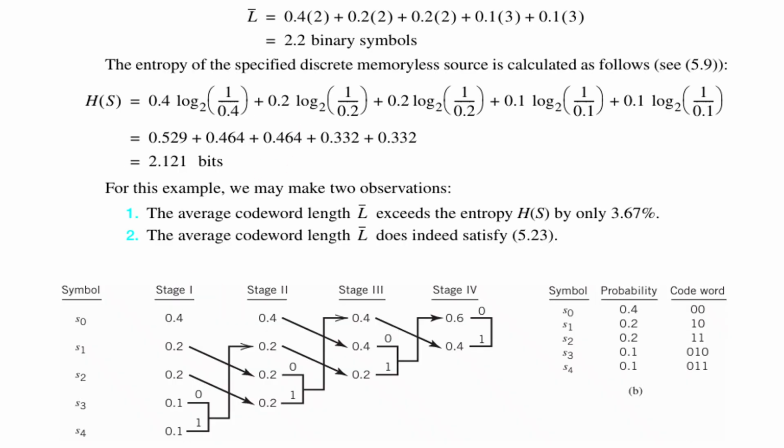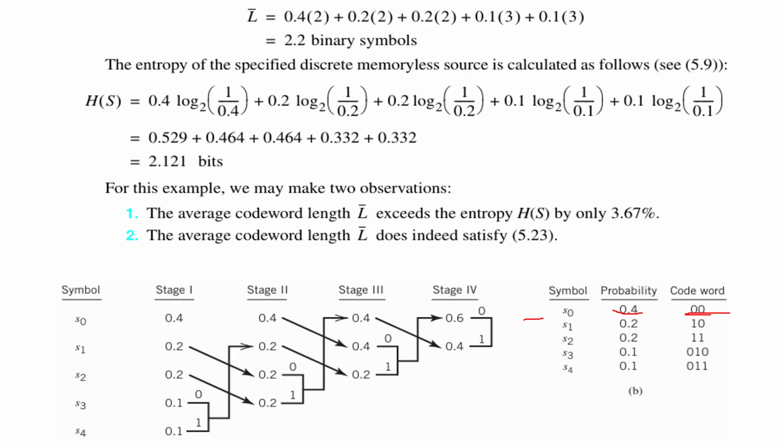Okay, so here is another example. L you can find very easily, that is probability into code word length. So the code word length for S0: how many bits are we going to use? 2. And what is the probability of this message? 0.4.